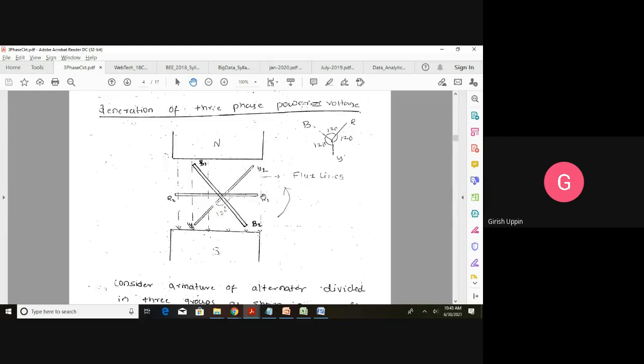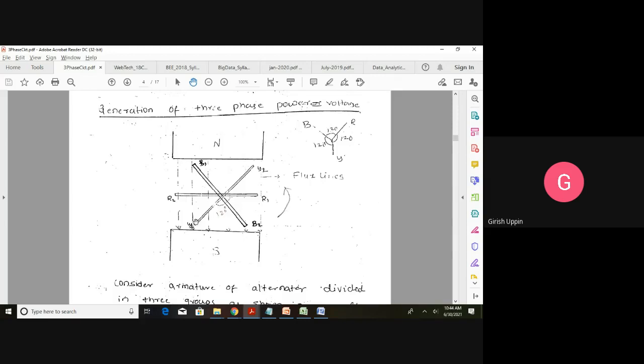In case of a R1 phase, at 0 degree, when t is equal to 0, that is time is equal to 0, the EMF will start generating and when this completes one rotation, it will have one cycle. Similarly, the Y1 has a phase delay of 120-degree. When it comes to this position, that is after 120-degree, then it will have the EMF generated.